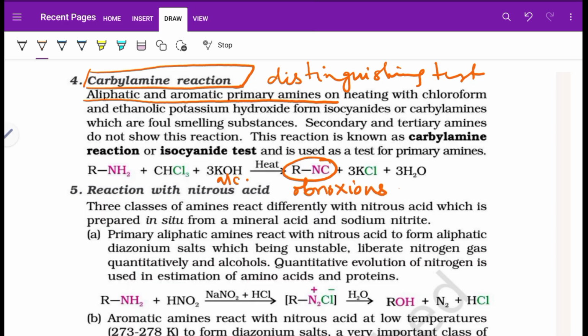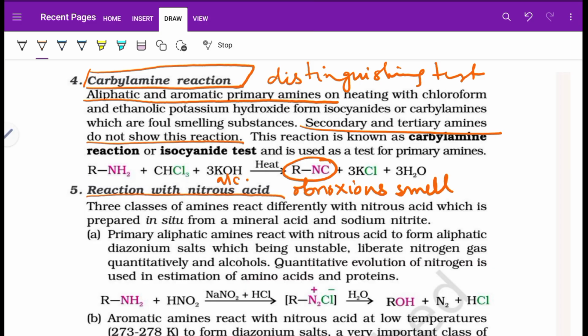This term obnoxious means offensive smell. Secondary and tertiary amines will not show this reaction, for which this reaction can be used as a distinguishing test for aliphatic and aromatic primary amines. So this is a very important reaction.